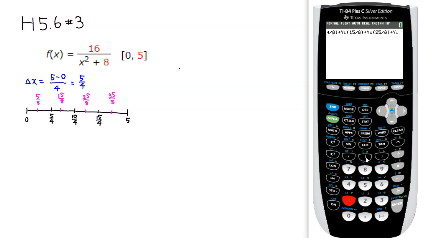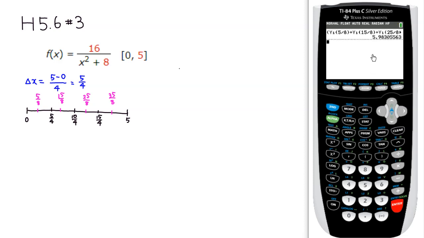The next number is 35 divided by 8 in parentheses. Then multiply by delta x, which in this case is 5 over 4, so I multiply by 5 divided by 4. We have that, and then we just hit enter.